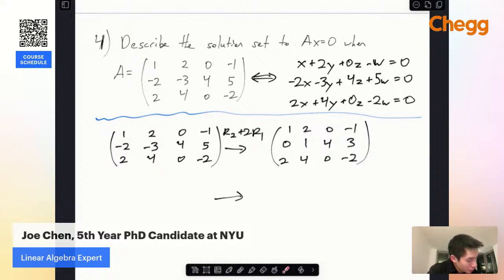And then from here, I want to eliminate this 2. I can eliminate this 2 by subtracting twice this first row from this third row. So I get R3 minus 2R1 is 1, 2, 0, minus 1, 0, 1, 4, 3, and then 0, 0, 0, 0.